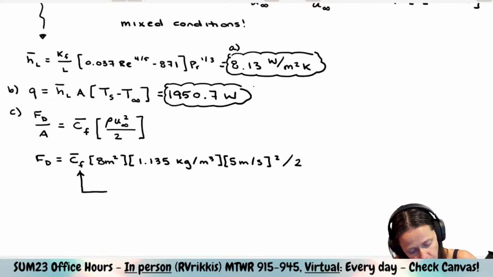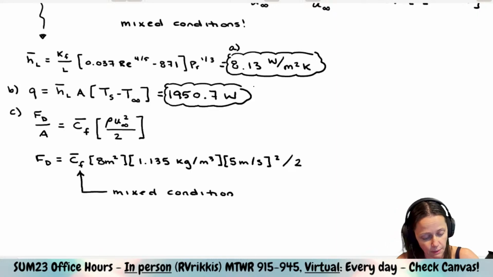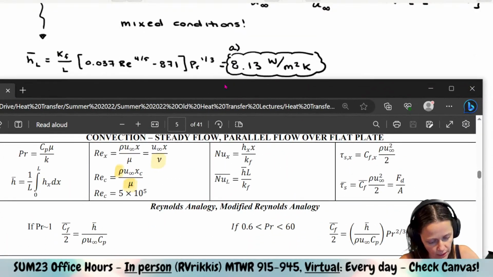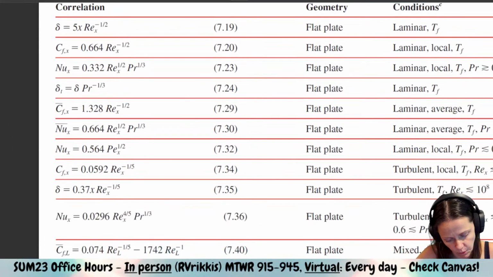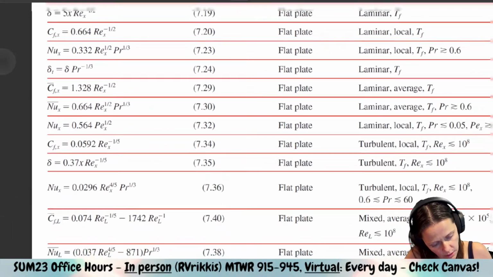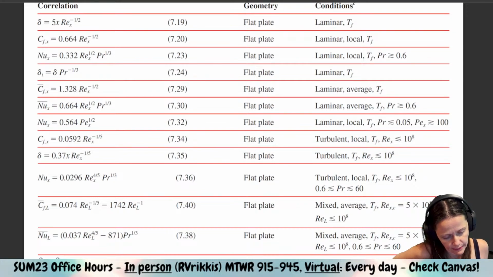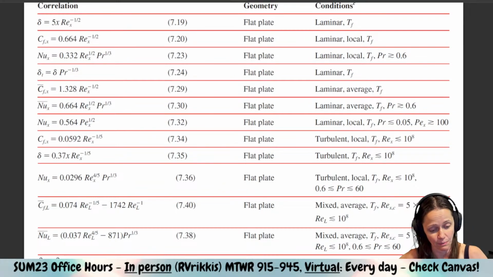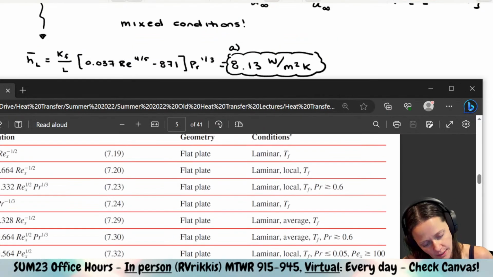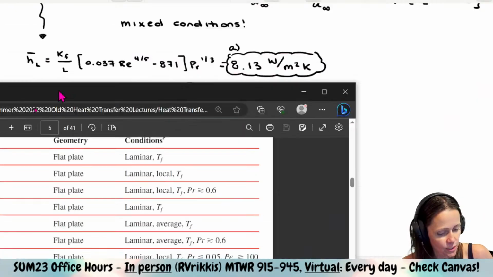And I can get this for mixed conditions, right? Mixed flow, laminar and turbulent flow. So if we look on our equation sheet, let's see what we've got. Looks like equation 7.40 would be good, so I'm going to write that exactly like we have on our equation sheet.